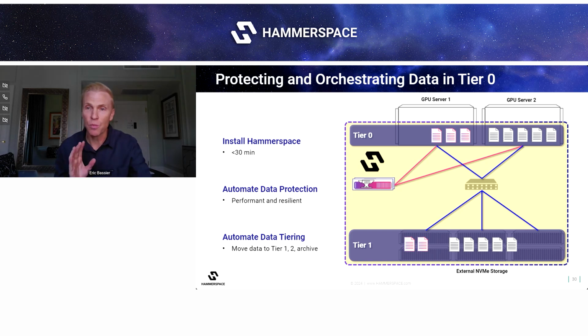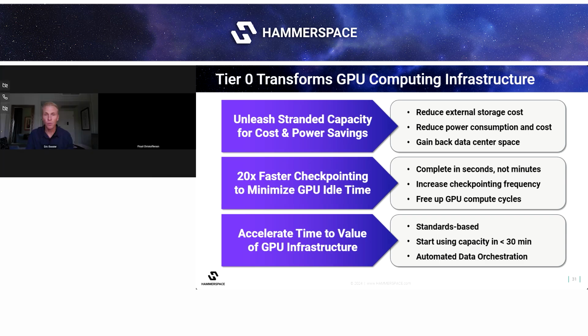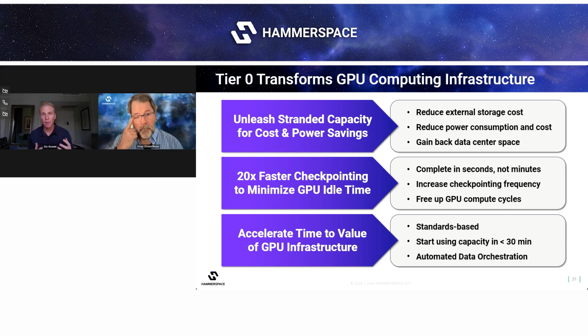So tier 0 is really powerful. We're very excited about it. And again, it has some really amazing capabilities to transform GPU computing infrastructure. You can free up that stranded capacity. It delivers significant cost and power savings.